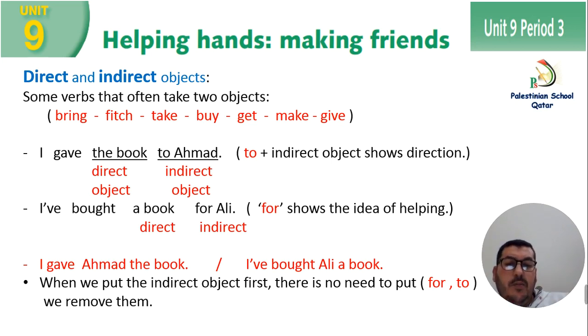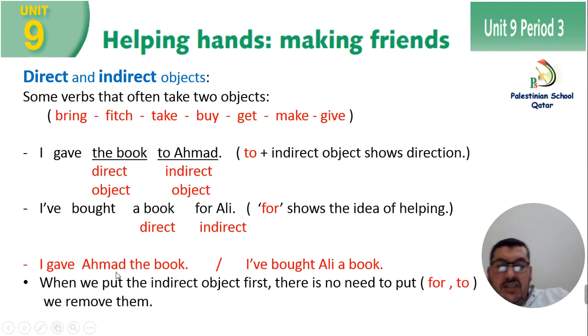Now if we put the object directly after the verb, it is the direct object. But we can use the indirect object first, like this sentence, I gave Ahmed the book. So the direct object is the book. We delay the book, and we put Ahmed before that.